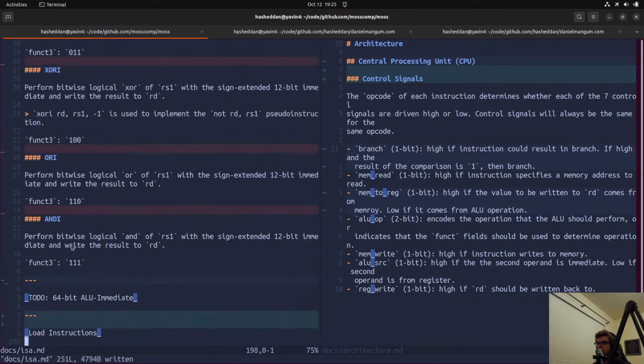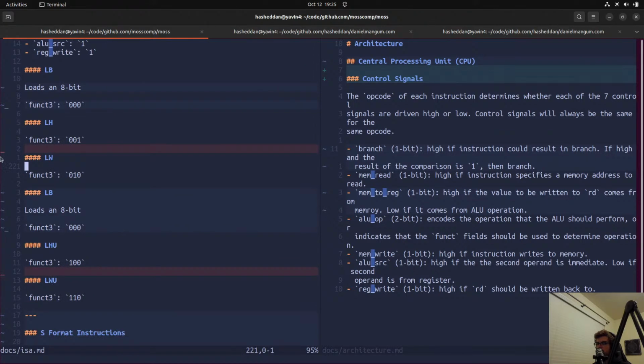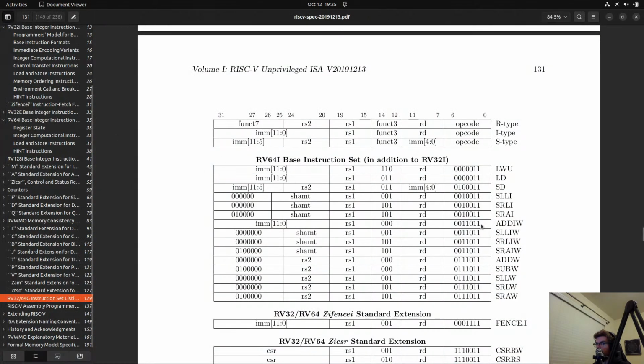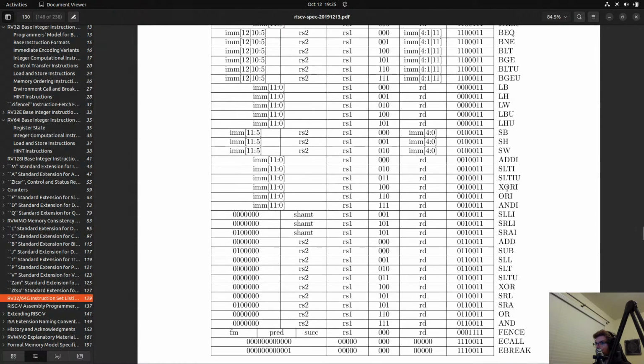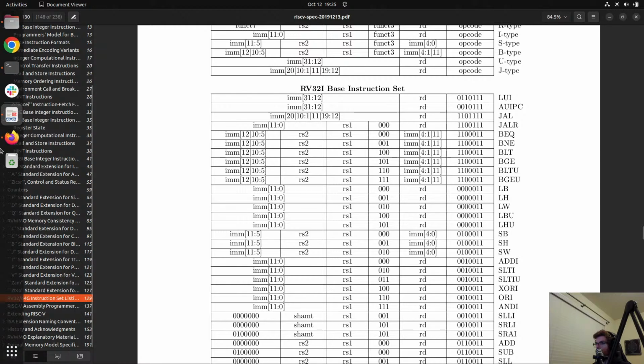So really, when I do the 64-bit ones, I shouldn't really distinguish them because they are an extension and the format is the same, but the behavior is different. So LBU is 100.